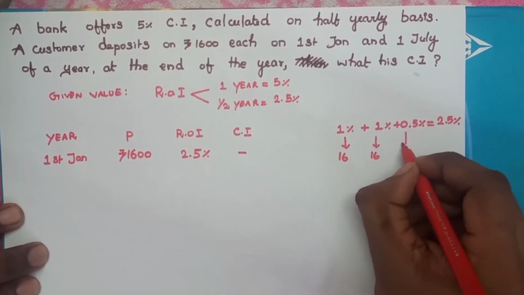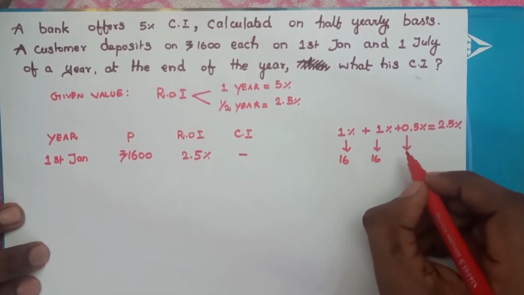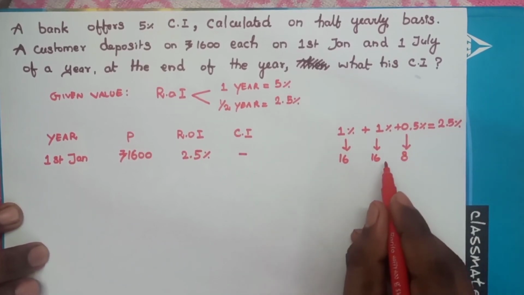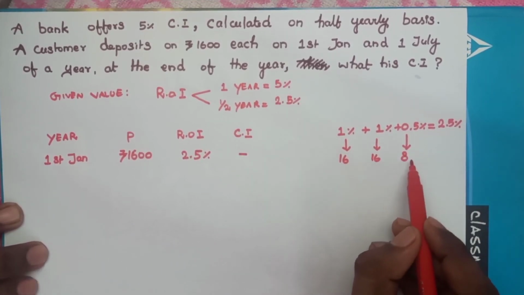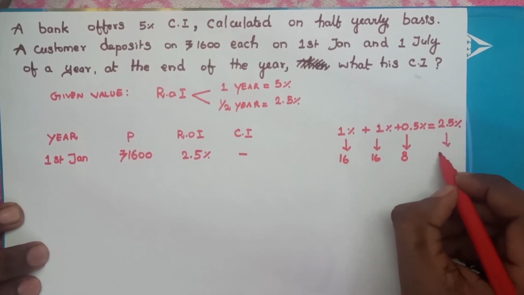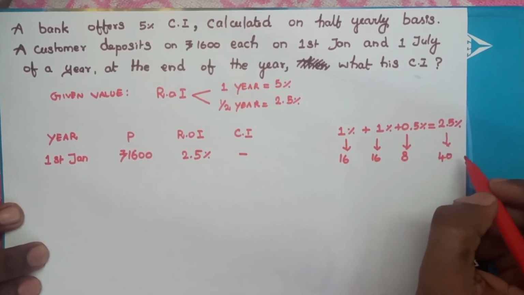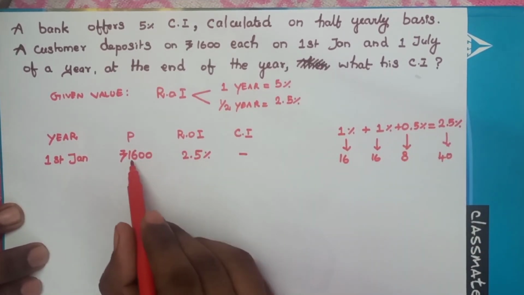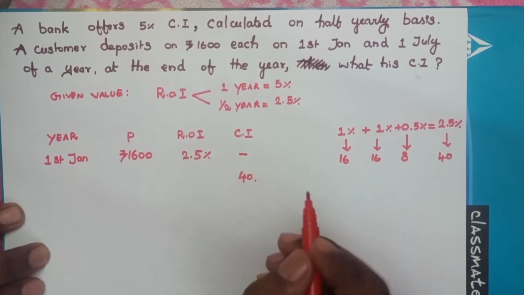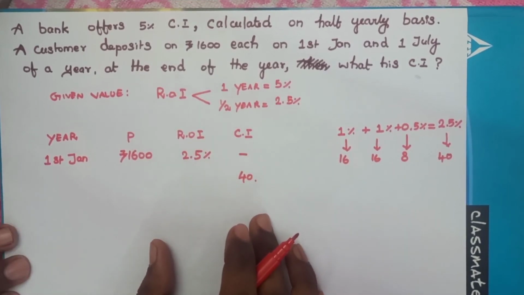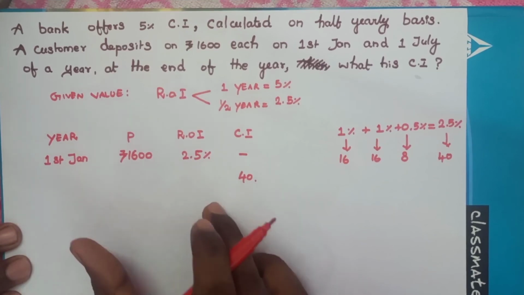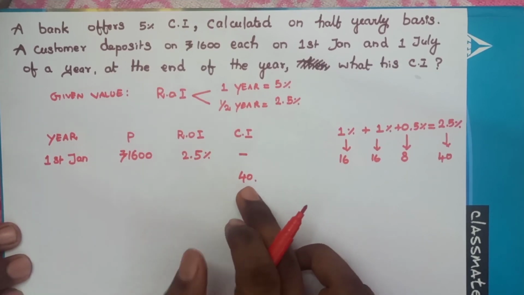Here 1% is 16. 0.5 means 16 divided by 2, that is 8. 16 plus 16, 32. 32 plus 8, 40. So 40 rupees. So 2.5% of 1,600 is 40 rupees. So at the end of 6 months, you will get 40 rupees. That is half yearly compound interest calculation.